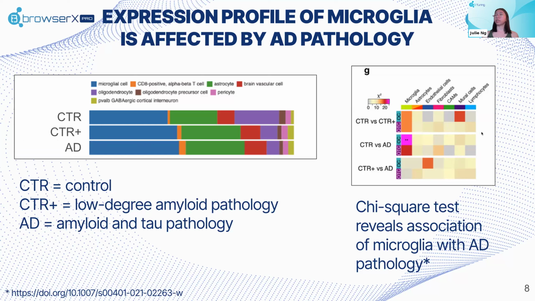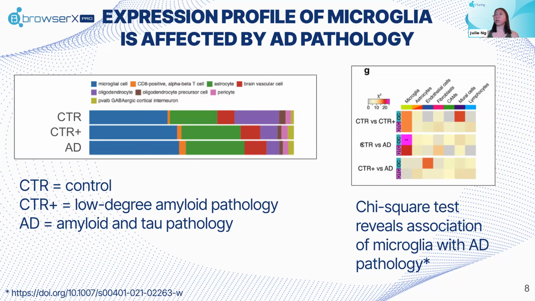So what the authors did instead in their paper is perform a chi-square test, which essentially allows you to associate two different types of variables together to see if they are statistically significantly associated with each other.